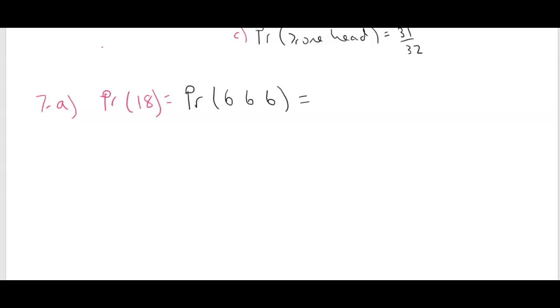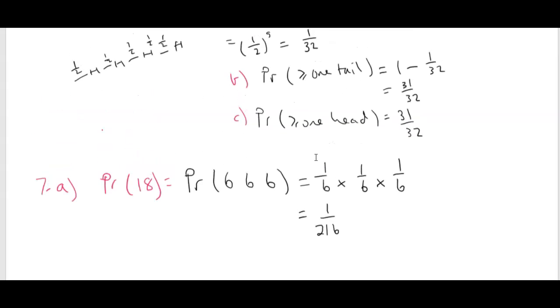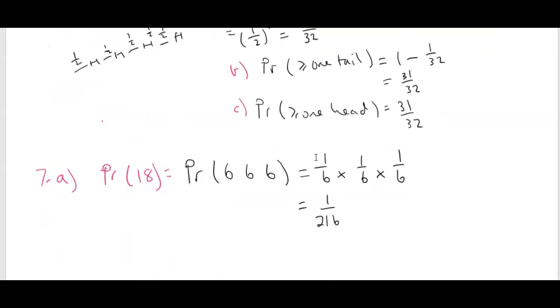So the probability of getting 1 6 is 1 on 6, another 6 is 1 on 6, another 6 is 1 on 6. So if you think of it as a tree diagram, we're just reading these probabilities as we go along. Multiplying these together, multiply your numerators. So you got 1, 6 times 6 times 6, 216, or you can use your calculator if you can't do that.